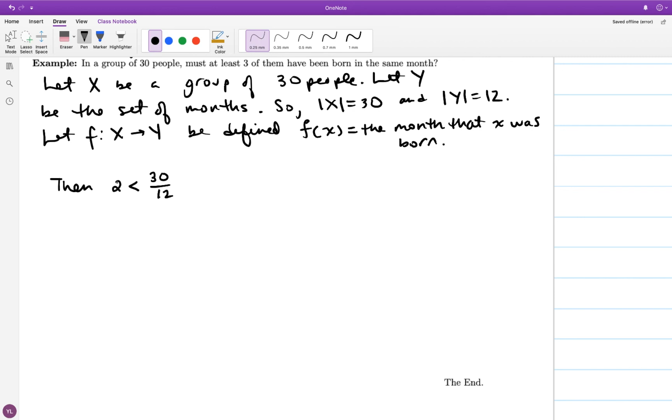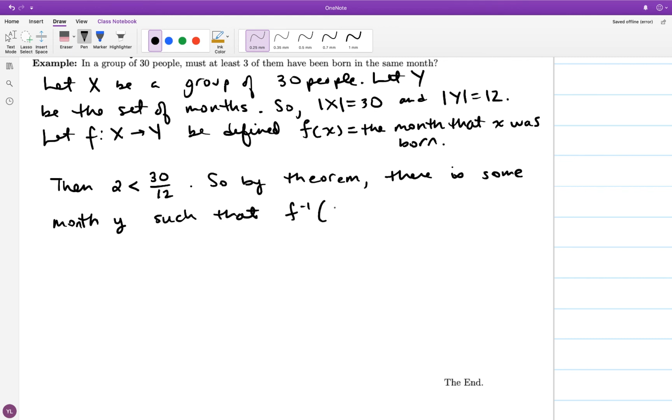So this is a positive integer k that is less than the number of elements in the domain divided by the number of elements in the codomain. So by the theorem above, the generalized pigeonhole principle, there is some element of the codomain, some month, such that the set of elements of the domain that get mapped to that month has cardinality strictly greater than 2.